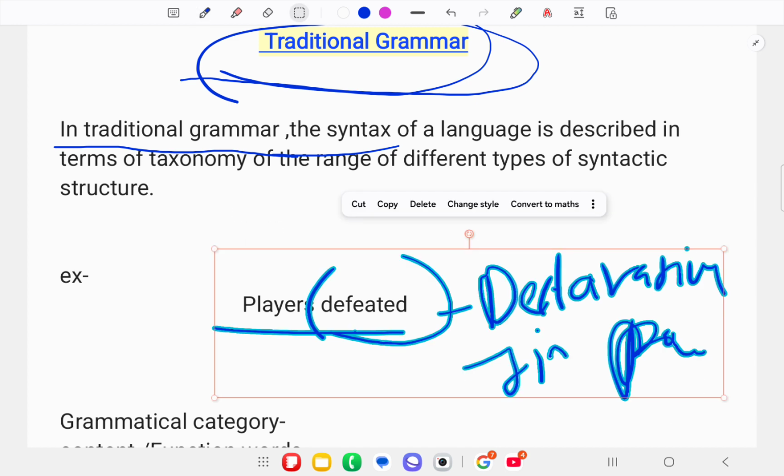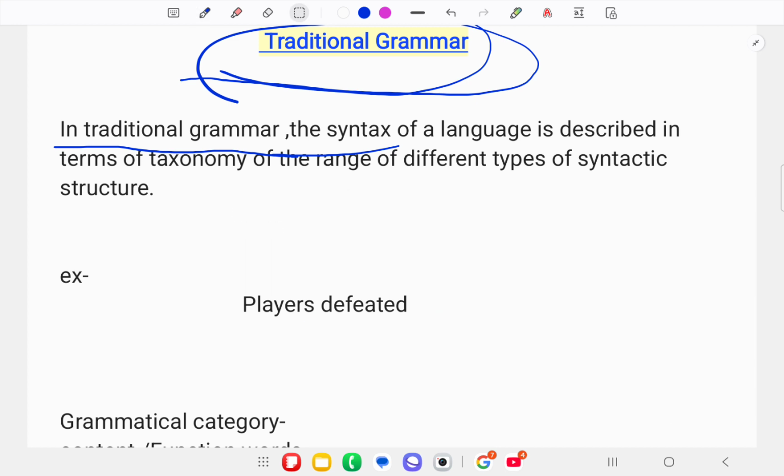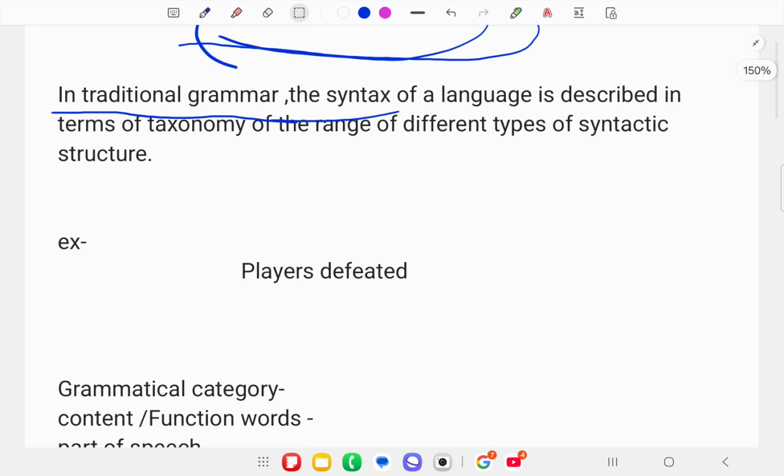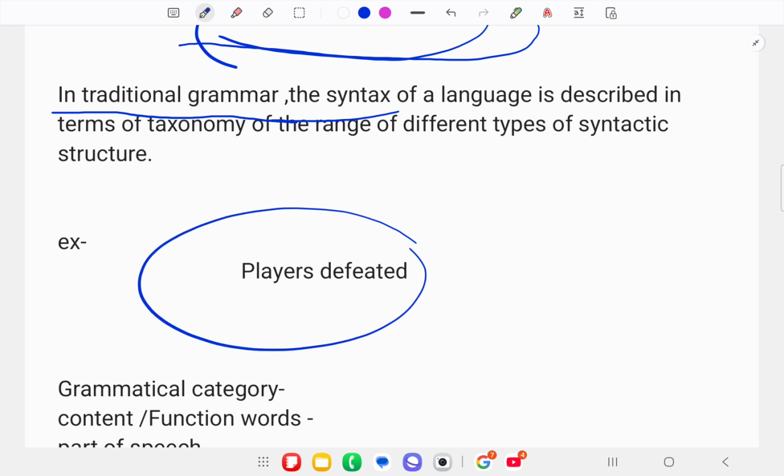Okay, now next is that traditional grammar of English tells us the simplest type of finite declarative clause that is found in English.